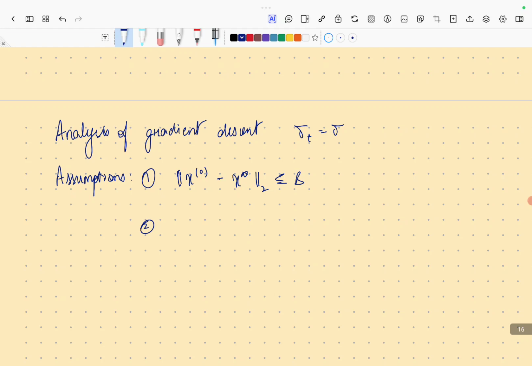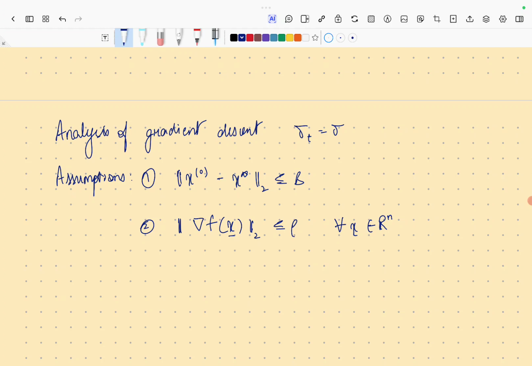The second assumption that we'll require is that the gradient is bounded: its norm is less than or equal to some rho for all x. So what is the first assumption? Isn't it always true?